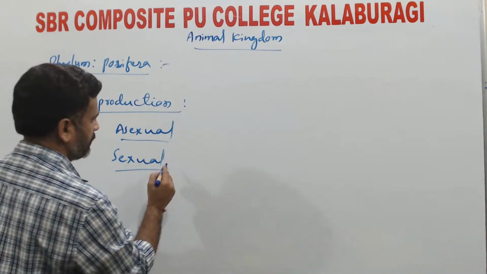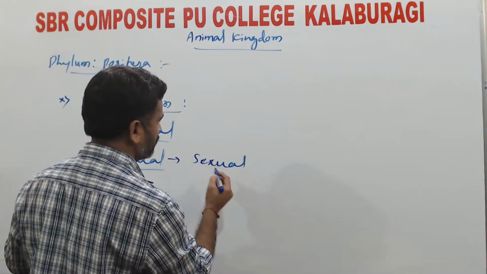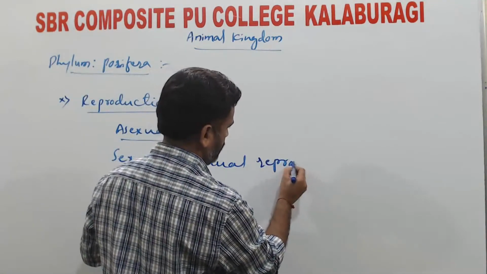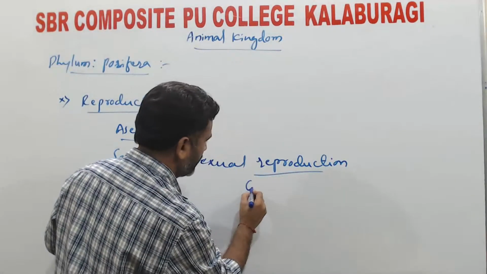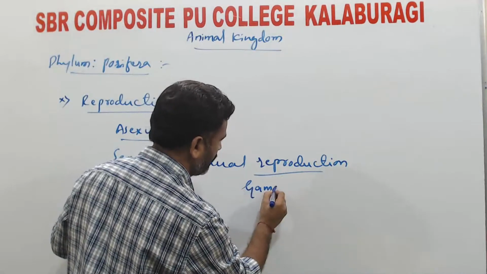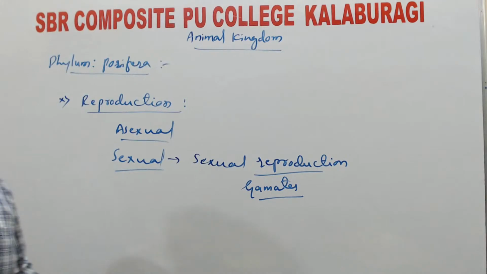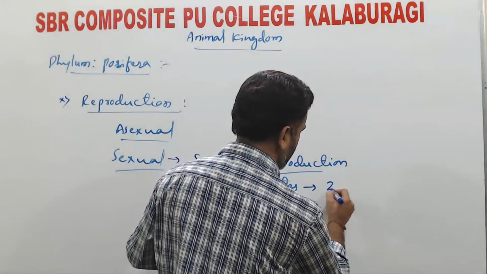Next, the sexual reproduction. The sexual reproduction is mainly brought about by the presence and formation of the gametes. When these gametes fuse, there is a formation of the zygote.